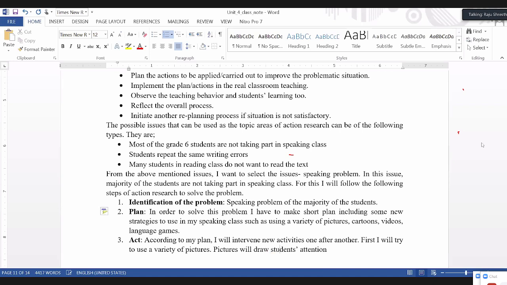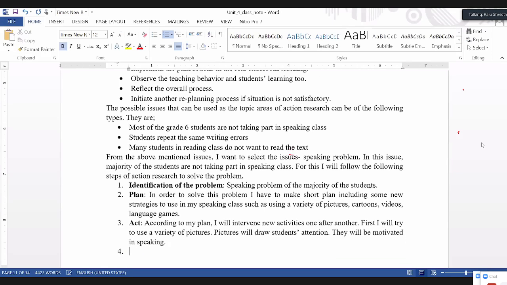Yes, it will draw attention, and they will be motivated in speaking. Okay, then what? Acting, then observe.